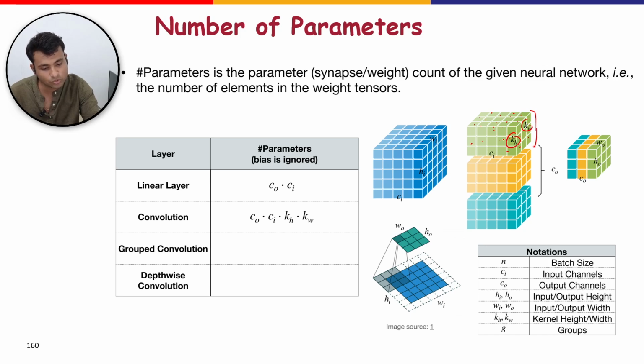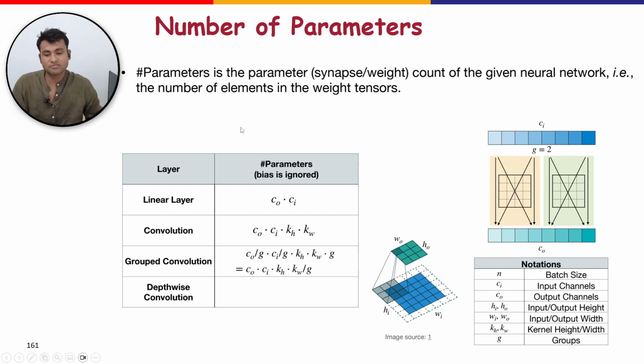So it's kh into kw into ci, right? And how many total number of filters are there? C naught. So therefore the total number of parameters to be trained inside a convolution neural network in a particular layer, where the number of kernels and the size of the kernel are given, is C naught into Ci into kh into kw.